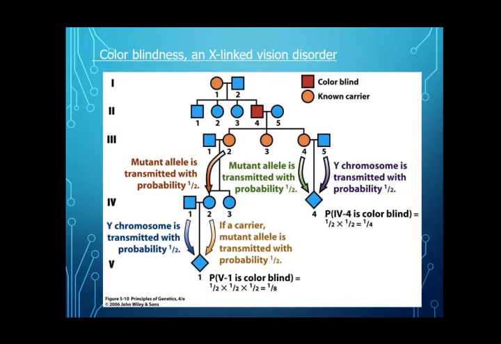So in this picture, as you can see, the colorblind man in 2-4 makes his daughters all carriers: 3-2, 3-3, 3-4. And 3-2 and 3-4 would marry somebody. Then there will be a possibility of her son getting the disease, 100%.